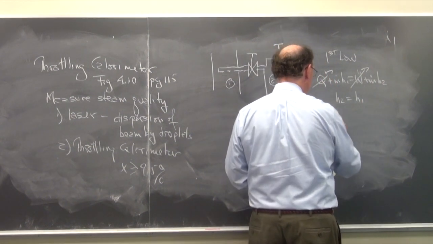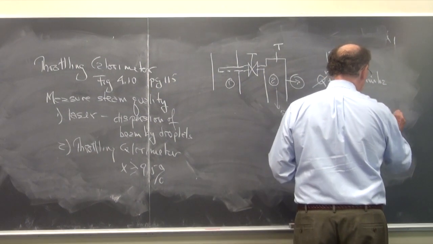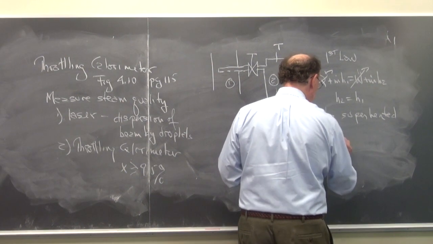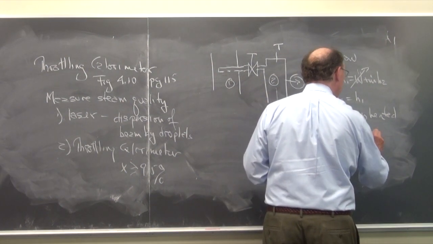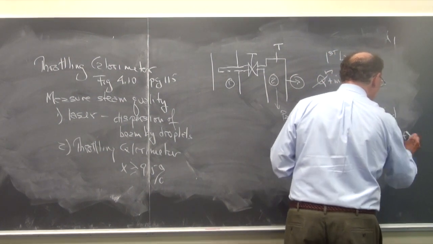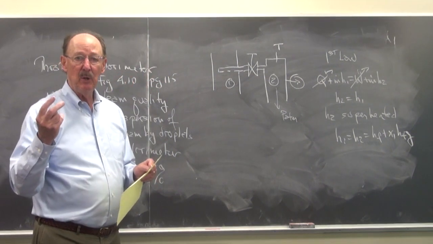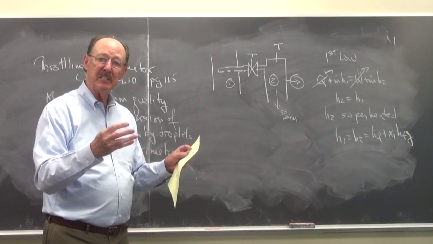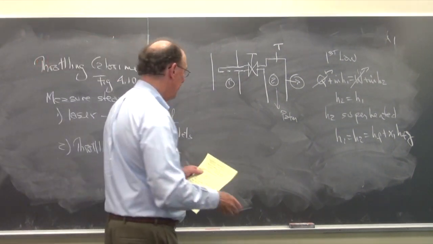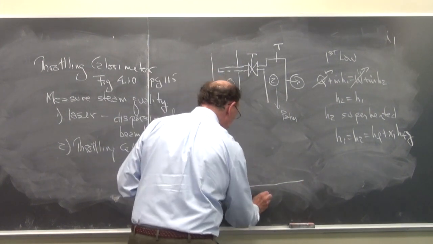If h2 is superheated, then using h1 is equal to h2 is equal to h_f plus x1 h_fg. So that's the strategy behind it. That was the superheat region. Knowing temperature and pressure, I can find the state, and then I back calculate to get the quality at the initial state.